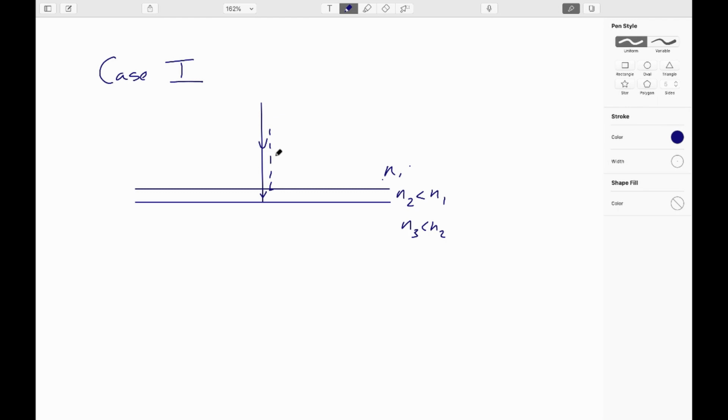And because it's bouncing off of a lower index, there would be no phase change. Then this light here, I'm just going to displace it over to the side to make that reflection more obvious, would reflect back up here. So let's go ahead and say the thickness of the film is T.